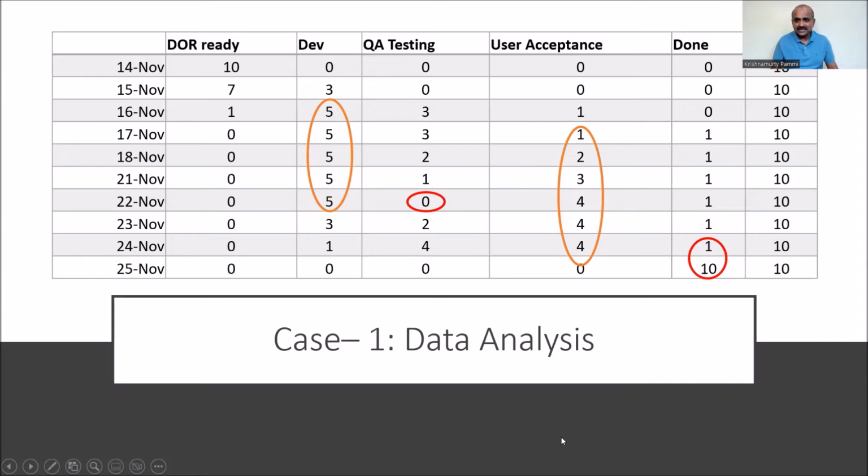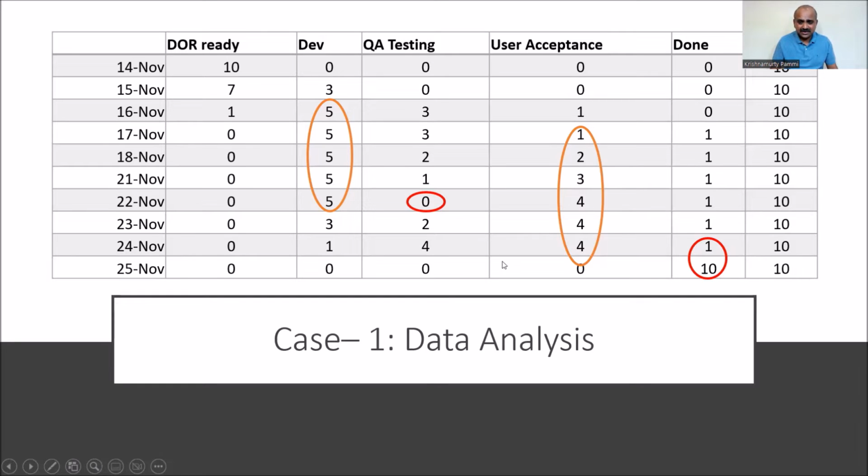And if you see the done, that means the deployment phase, where our DevOps members deploy one feature, and ultimately all the features are deployed on the final day. So there's a heavy push on them. If they push every feature to production on the final day, there can be quality issues. So why are they doing it like this? Maybe because user acceptance testing is not taken up properly.